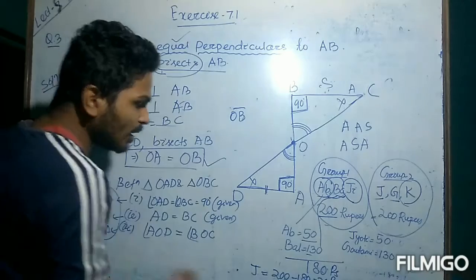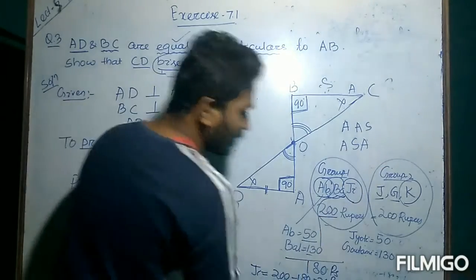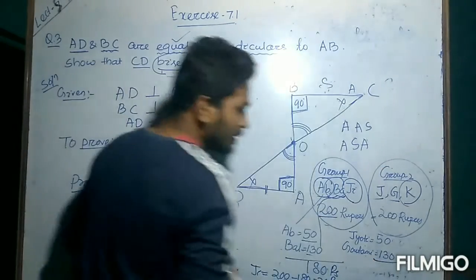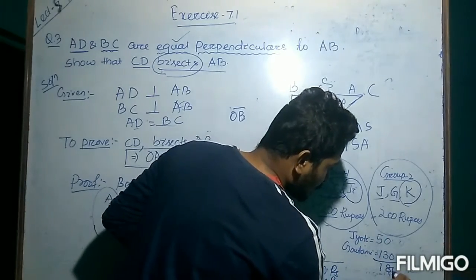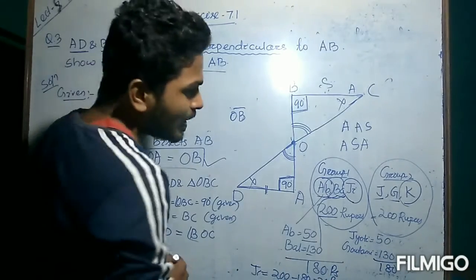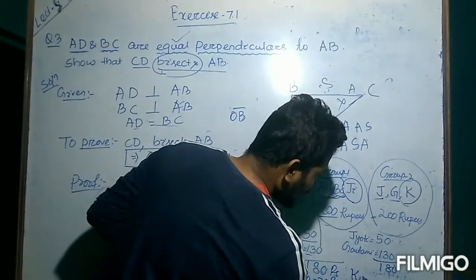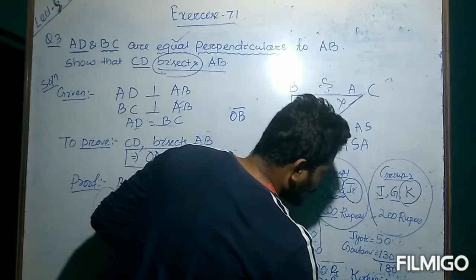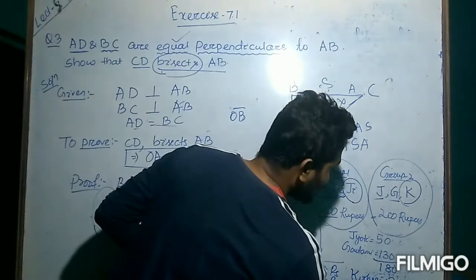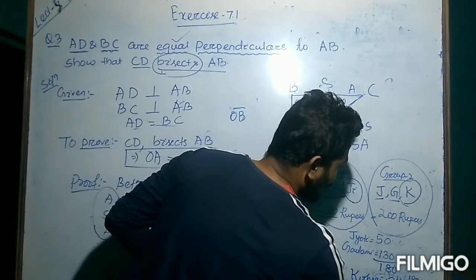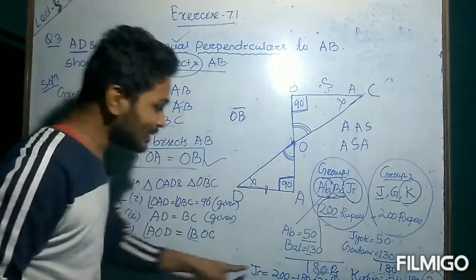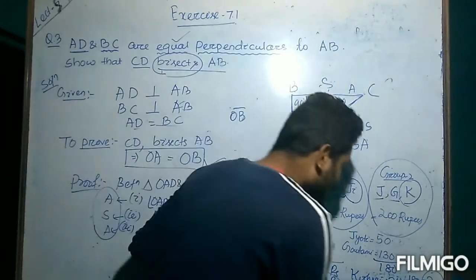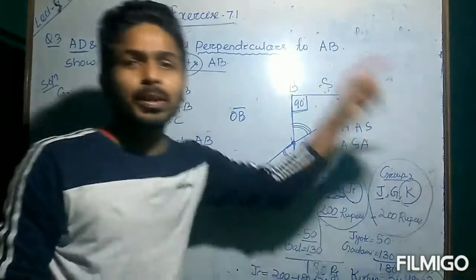Now let us find for Kishori. Here also, the sum of the amounts that Jyoti and Gautami have is 180. So Kishori has 200 minus 180, which is 20. So Jitendra has 20 rupees, and Kishori also has 20 rupees.